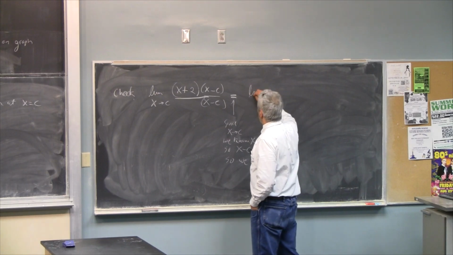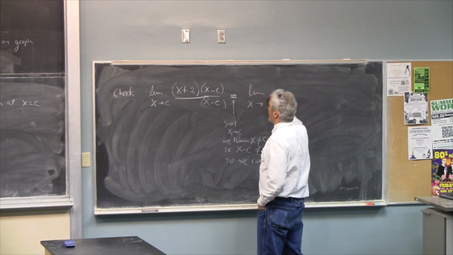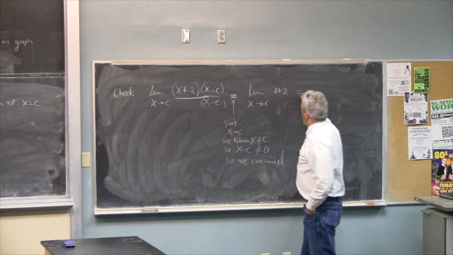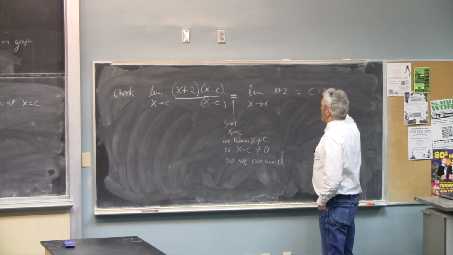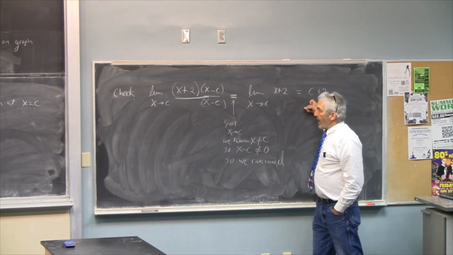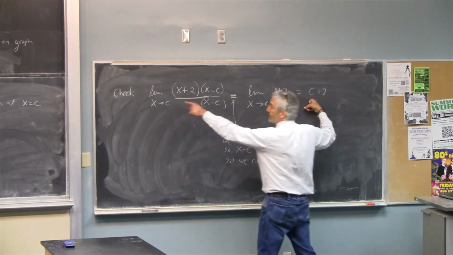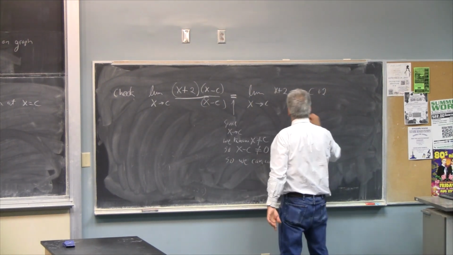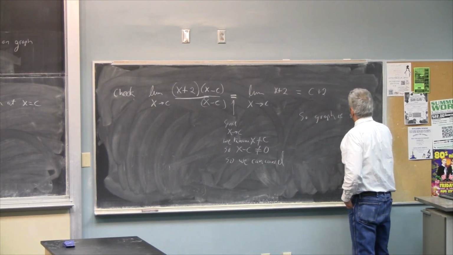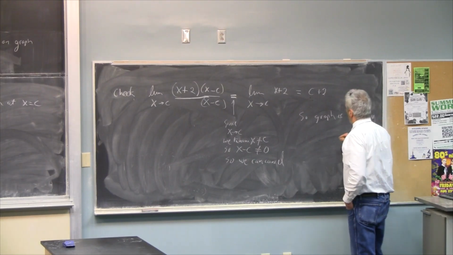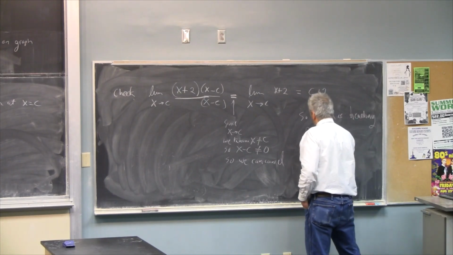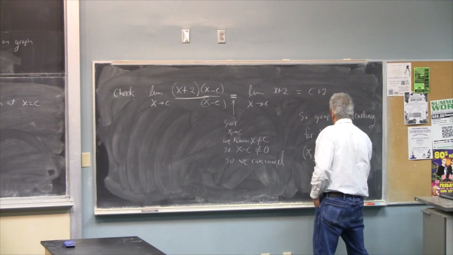So that we still have the limit. We haven't done the limit yet. The limit as x approaches c of x plus 2. But now we can use direct substitution. We just get c plus 2. That's a number. So that means that the graph is approaching the location c comma c plus 2. The graph is heading for the location x, y equals c plus 2.